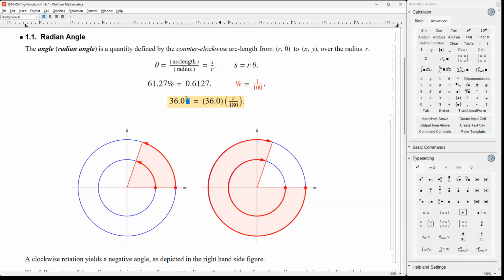So this degree expression here is the same as multiplying by pi over 180. Exactly the same thing as with the percentages. All right? So the degree measure here is not exactly a measure. It's kind of like percent. It's just a factor you artificially multiply.